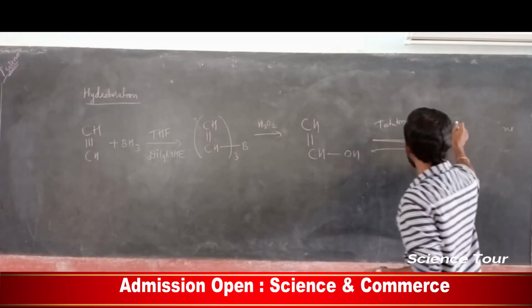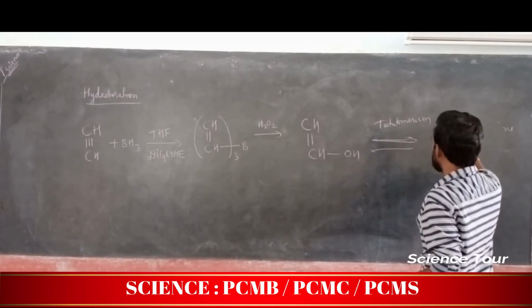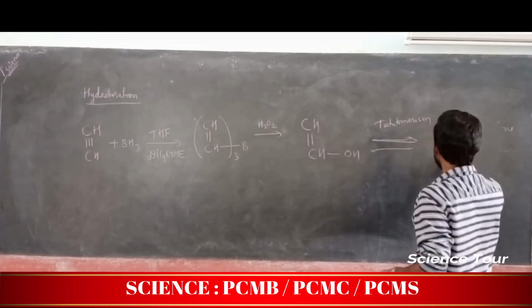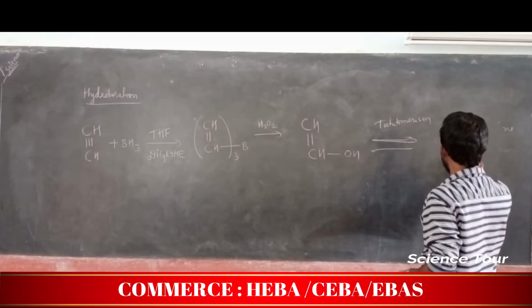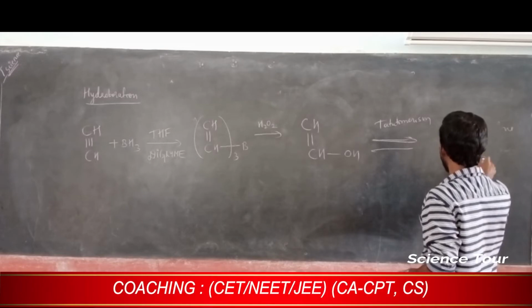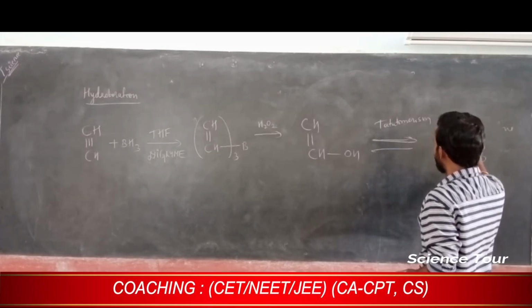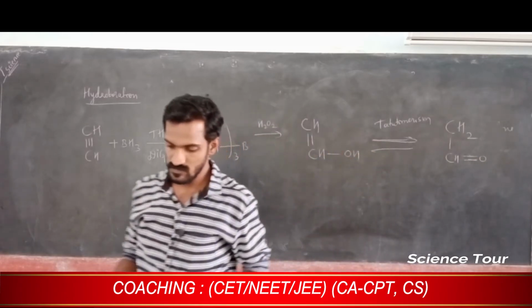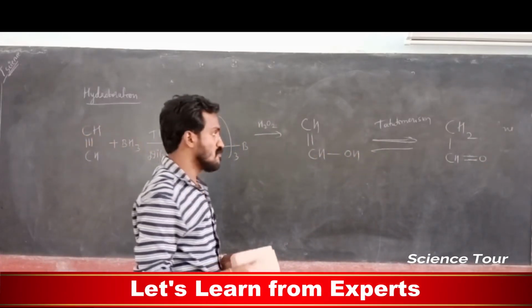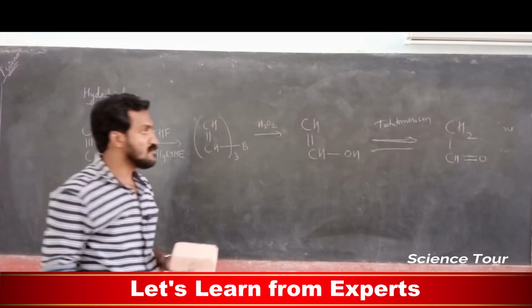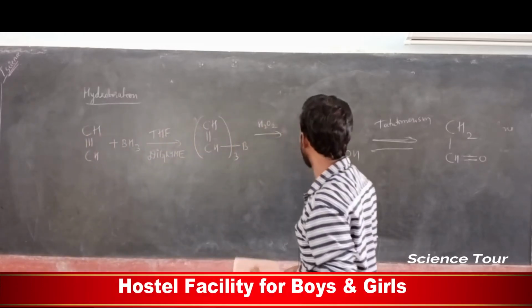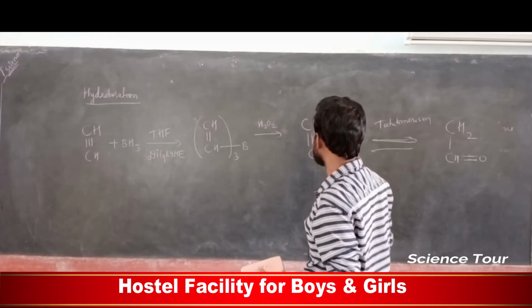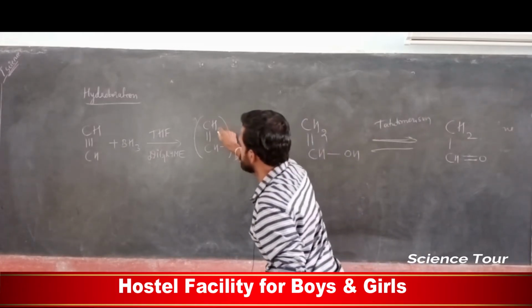So it gives the product. See, now this product it forms, and you can change this product into CH2CHO, here CH2 is there, here also CH2 is there.